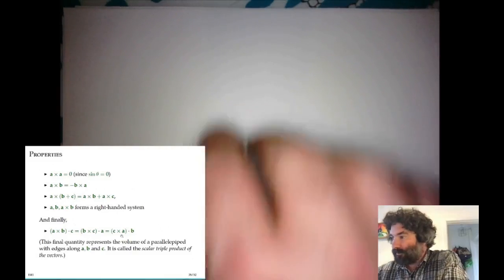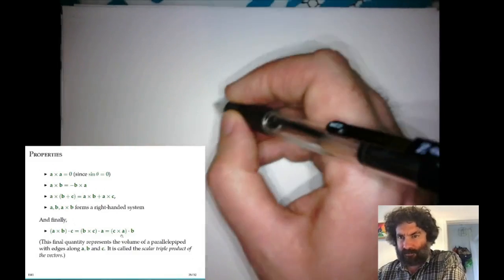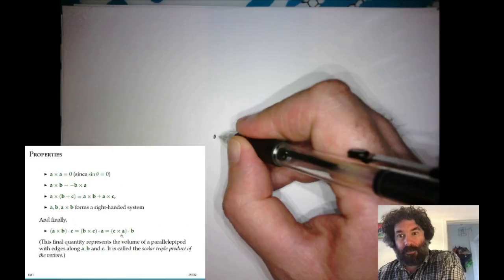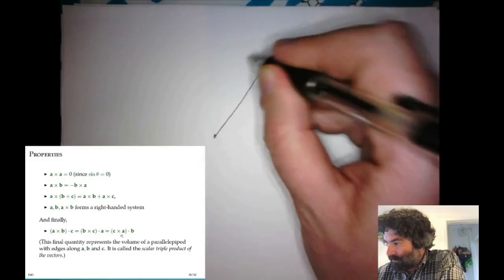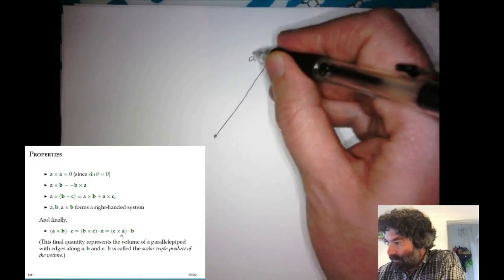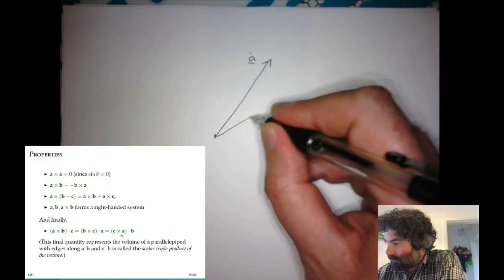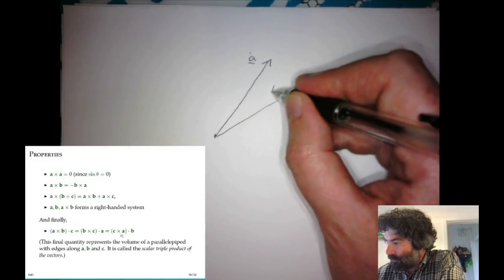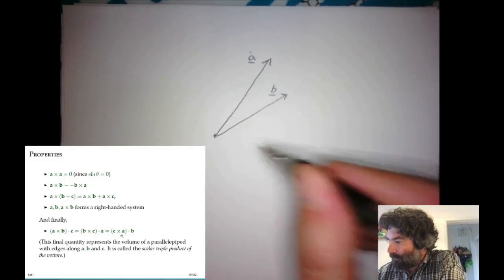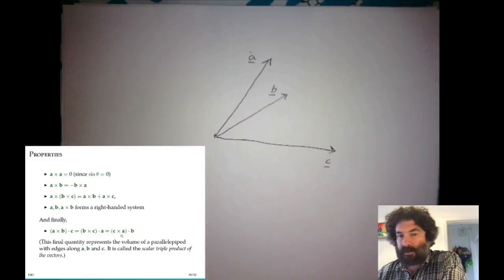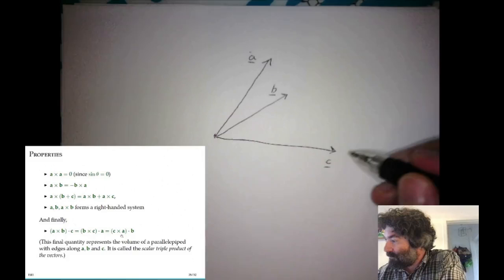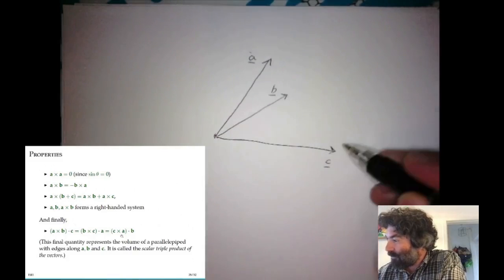All right, so we have three vectors. We think of all their bases as being at the same point, the origin. And we have three vectors. Let's call this one A. Call this one B. And let's call this one C. All right, and the parallelepiped with edges parallel to A, B, and C is what we get when we say take B over to the other side.